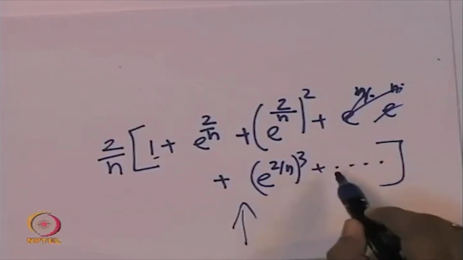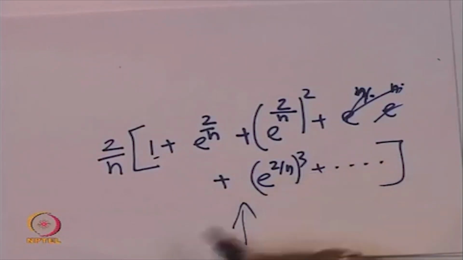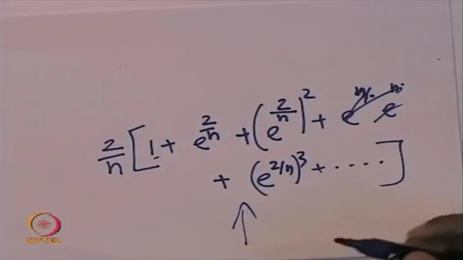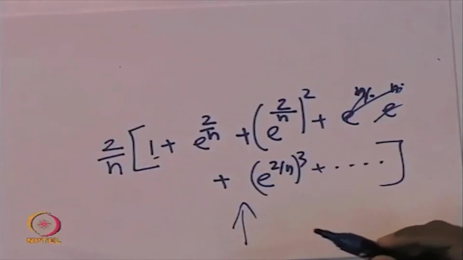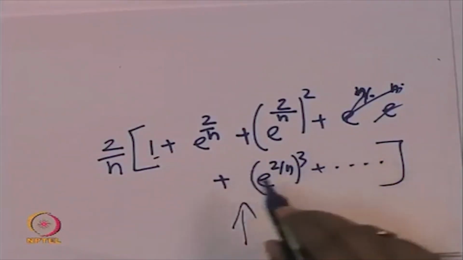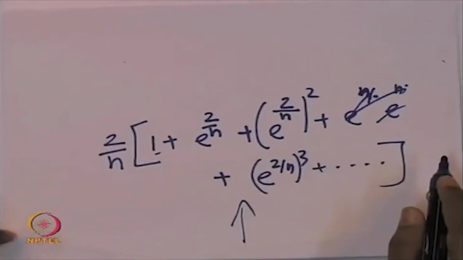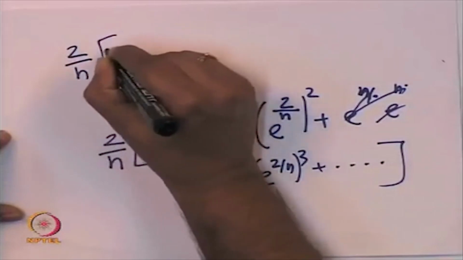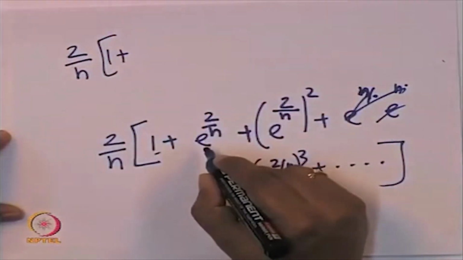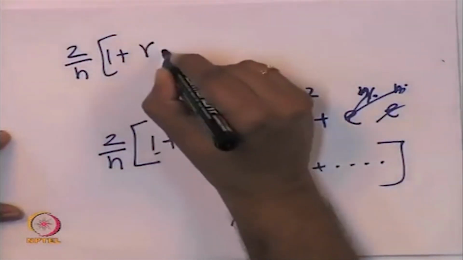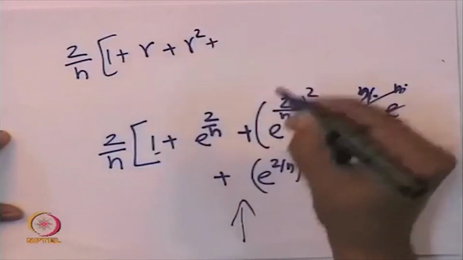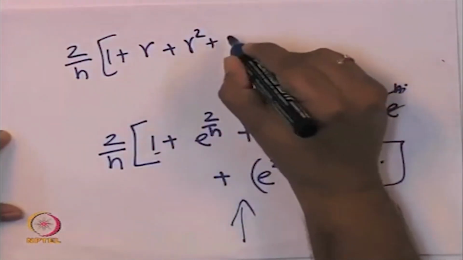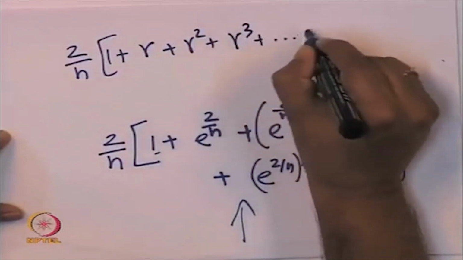This is something that you learned in school, something called a geometric series. This is like 2 by n into 1 plus, let me call this r, plus r square plus r cube plus dot dot dot.